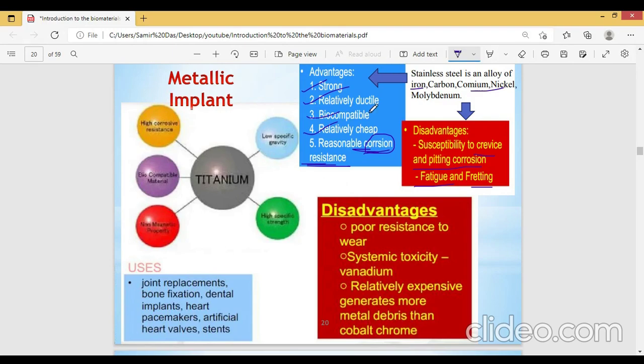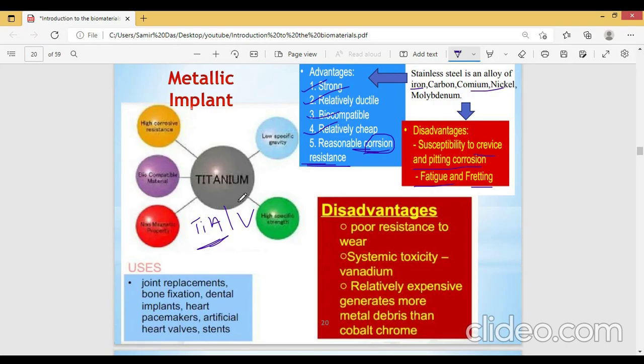So for stainless steels, basically we have this kind of advantage. But other metallic based implants such as titanium or titanium aluminum vanadium based alloys are very much useful in load bearing applications. Why are we going for titanium?